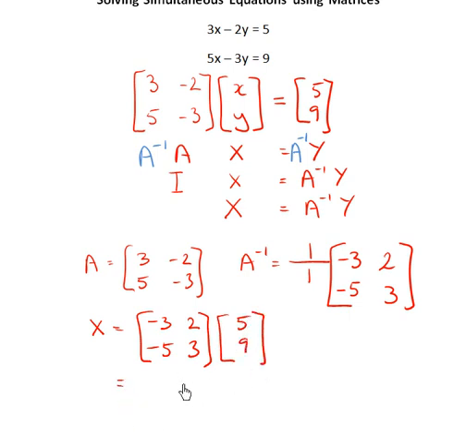So that will equal -15 plus 18 is 3, and -5 times 5 is -25, plus 3 times 9, which is 27. So -25 plus 27 is 2. So we finally end up with matrix X equaling 3, 2.